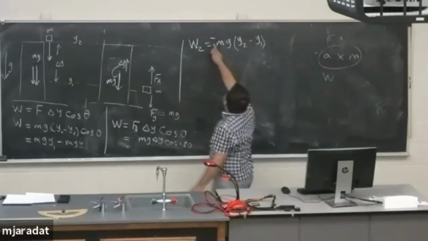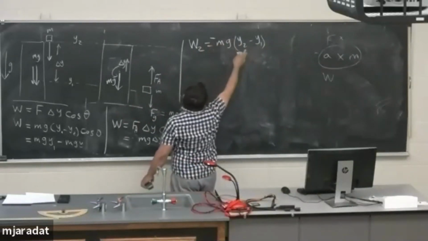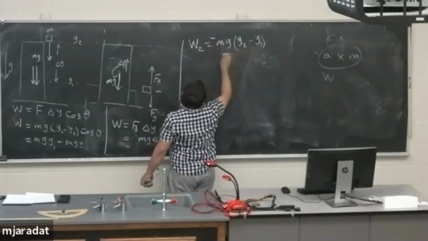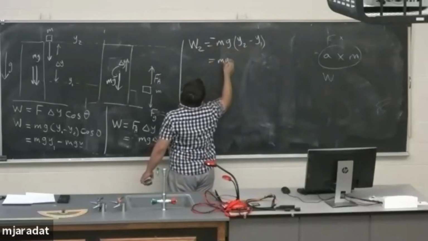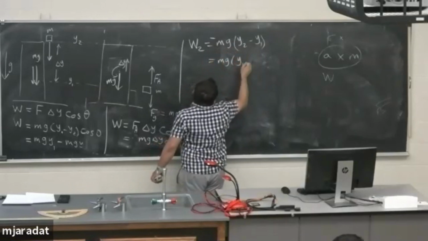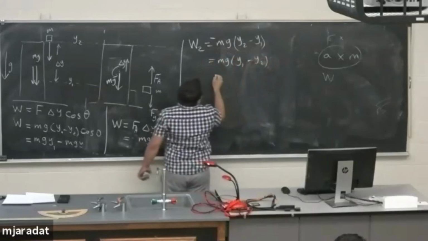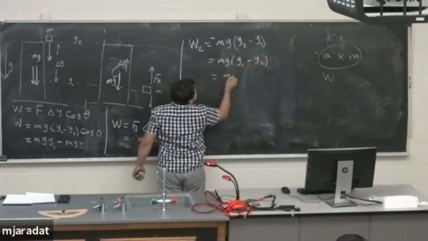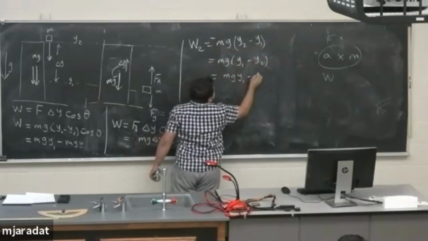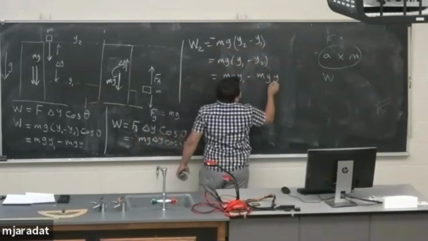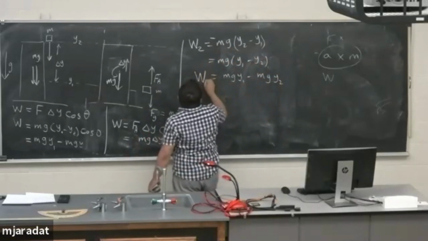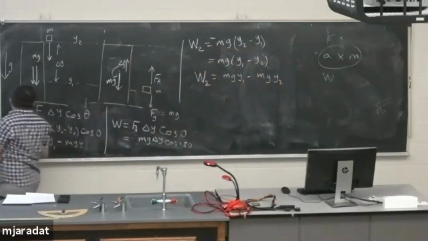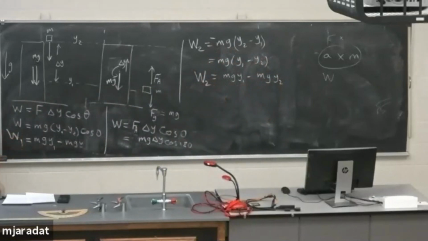If we put the negative sign inside the parenthesis, it will be mg times y1 minus y2. Two terms, mg y1 minus mg y2. This is the work in the second case. In the first case, they are the same.